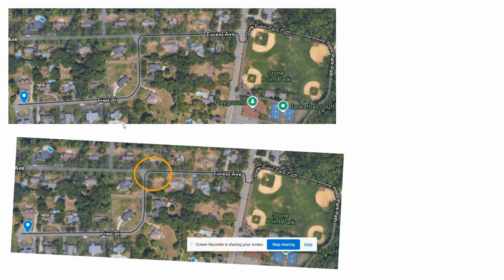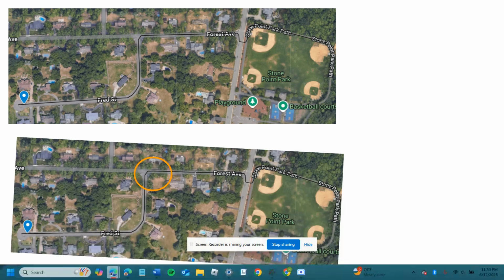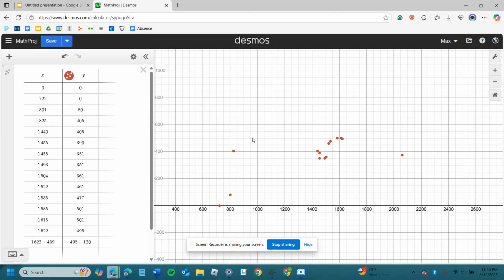The first thing I did, as I saw in the tutorials, was rotate this path a couple degrees to make this street, Fred Street, the horizontal x-axis that I would base my coordinates off of. And I put that in Desmos, as you can see here.